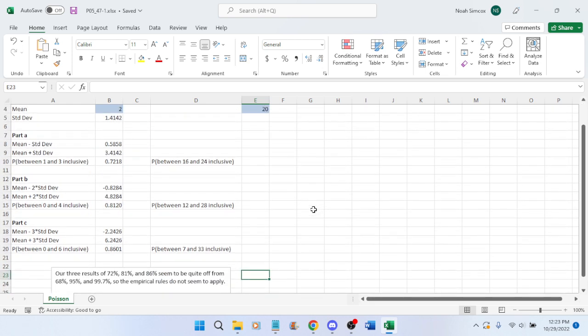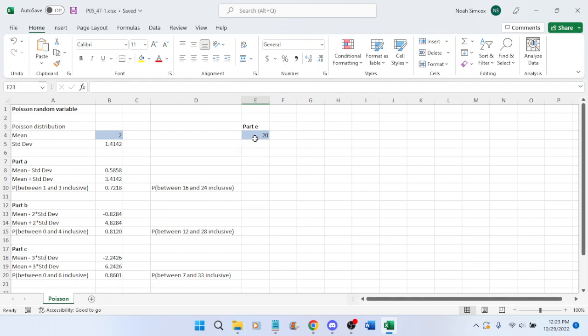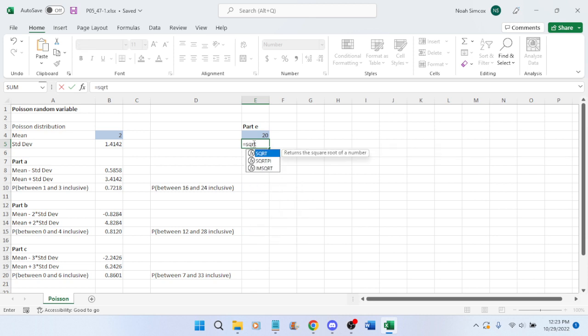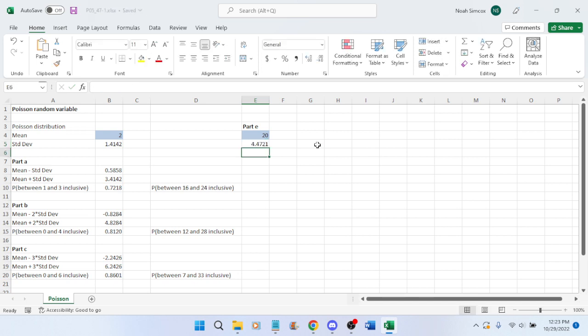All right. So yet again, the square root of this number should be the standard deviation. Equals square root of 20. That's what they said.